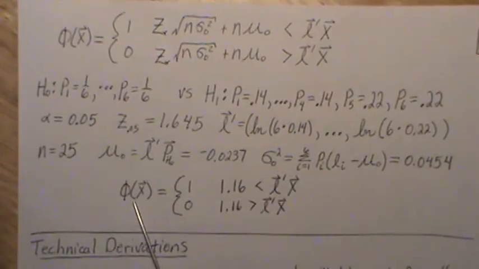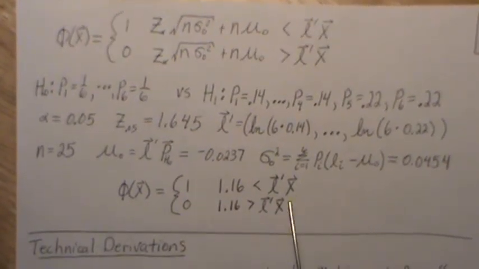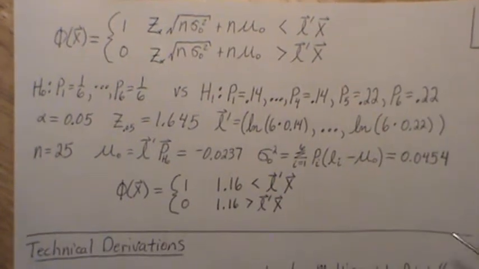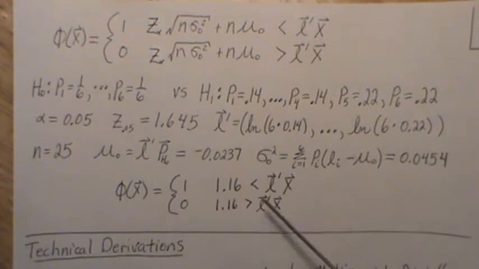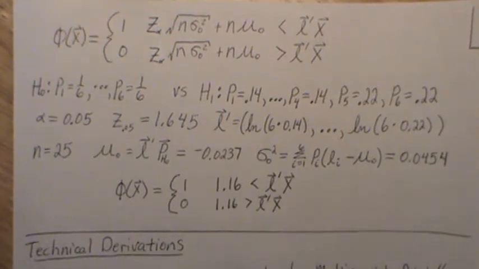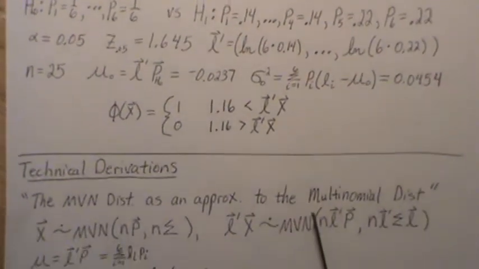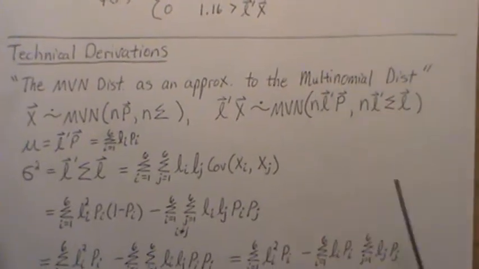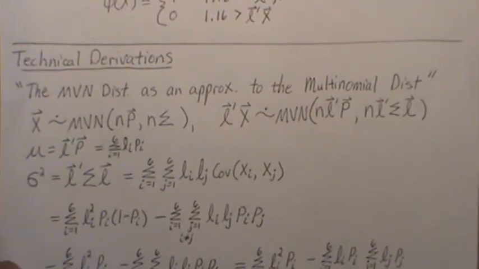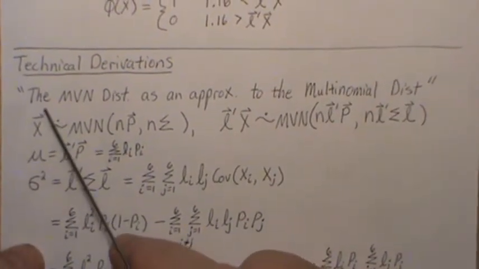So phi, our test function, is a 1 if the linear combination is greater than 1.16, and we do not reject if this linear combination is less than that value. And that's an approximate alpha level test for testing whether the die is biased or not. So now let's go through some technical derivations and then call it quits for this video.